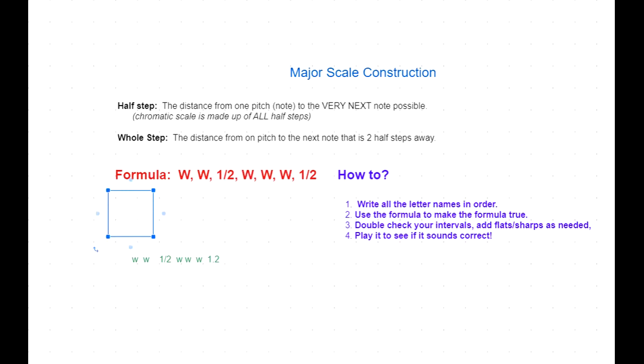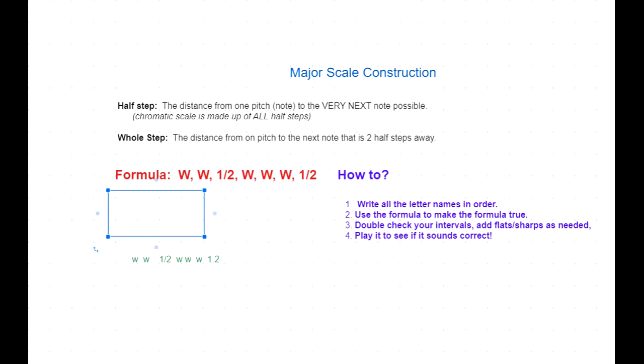So we're going to start with D, E, F, G, A, B, C, D. Okay, that's step number 1. We haven't used anything twice except for the tonic, D, and everything is in order.